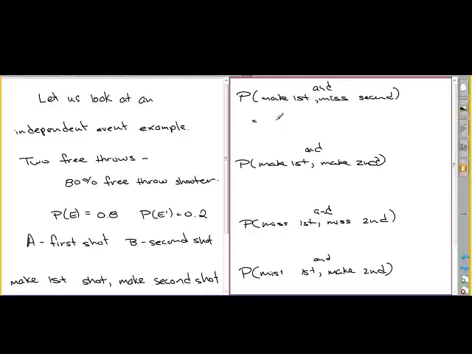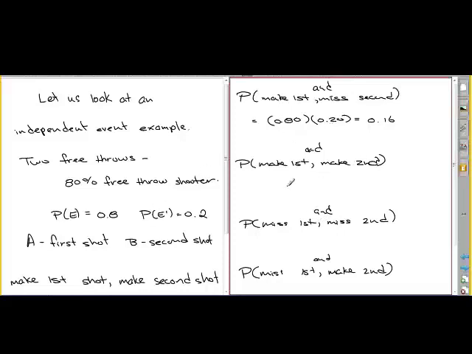So in this case, the probability of making a free throw is 0.8. So that's the first shot. That's event A. Event B is missing the second shot. So the probability of missing the second one is 0.2. So you multiply those together and you get 0.16.